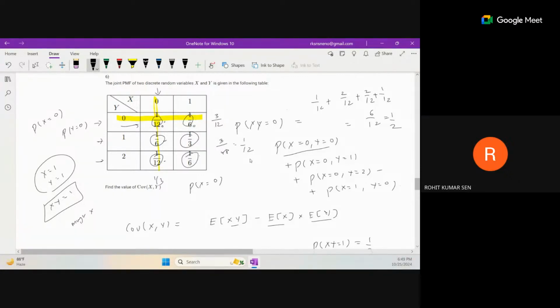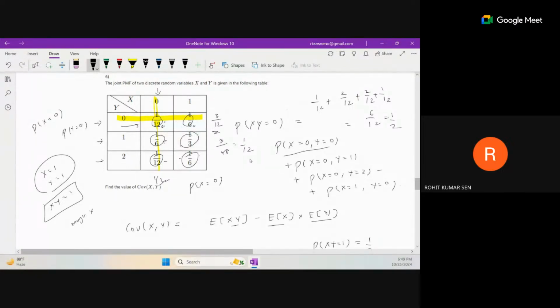So see here, my marginal product of marginal is equal to what? My joint. So this thing you need to do for all cells. This cell, this cell, this cell, this cell, this cell, this cell. If for all of the cells my marginal product of marginal is equal to my joint, then only you can say my x and y are independent.